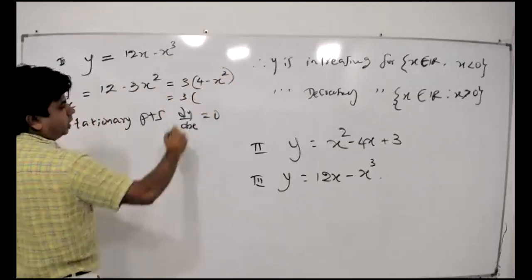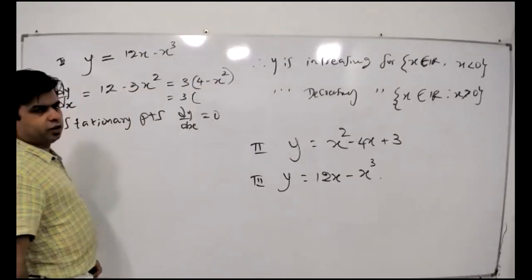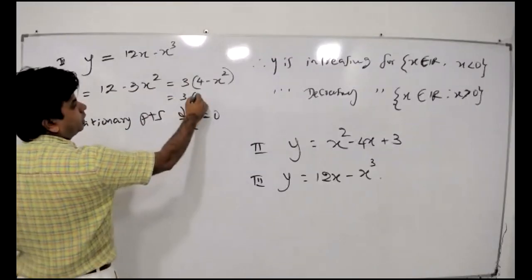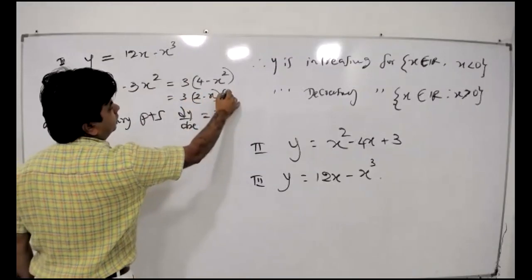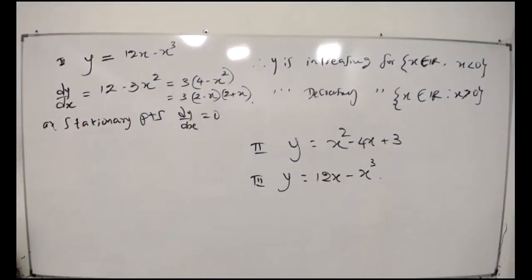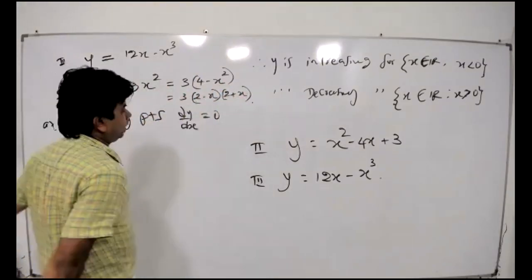Can you remember the techniques for solving inequalities? We have to write the expression in fully factorized form. One factor is 2 minus x, the other is 2 plus x. Write dy by dx in maximum factorized form.